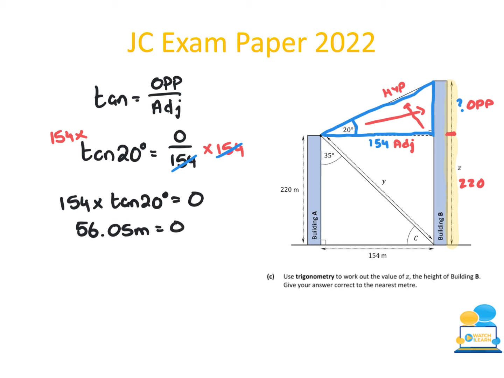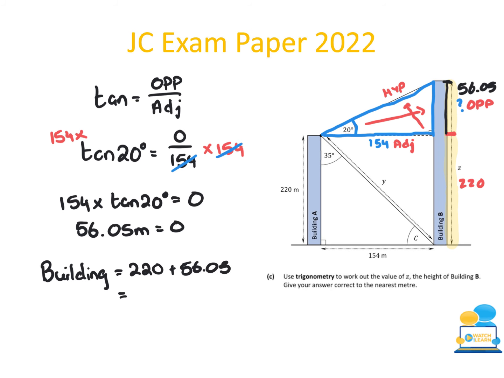So this length from this red part in the building B up as far as the top is 56.05 metres. So the total height of building B will be the original height that we knew, 220 metres plus 56.05 metres.